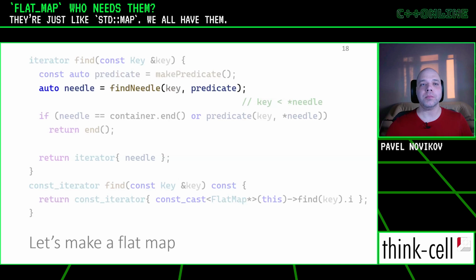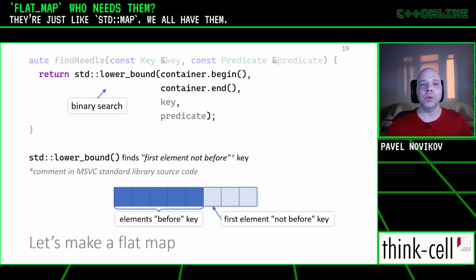And we use that predicate to try to find the needle. So here's the implementation of find needle. Here we just wrap a lower bound call, not to repeat it all over the place. And this is just a very basic usage of lower bound.